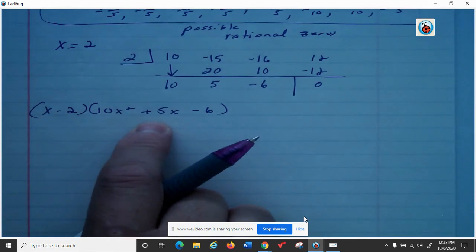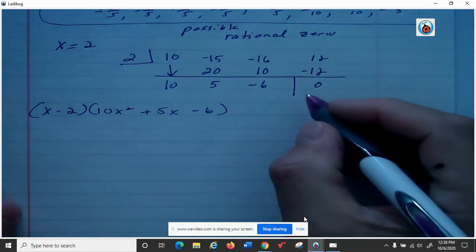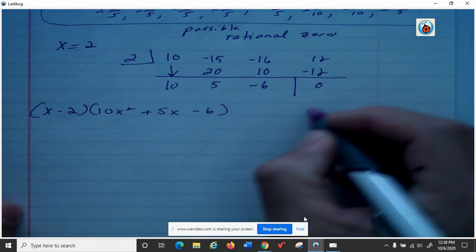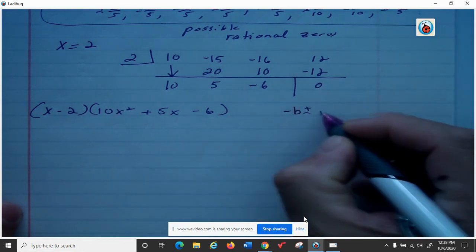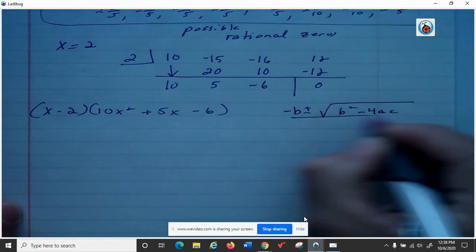I'm pretty sure this is not factorable. Let me think about it for a second. It is not factorable. So the only other way I can solve this is to use the quadratic formula: the opposite of b plus or minus the square root of b squared minus 4ac all over 2a.